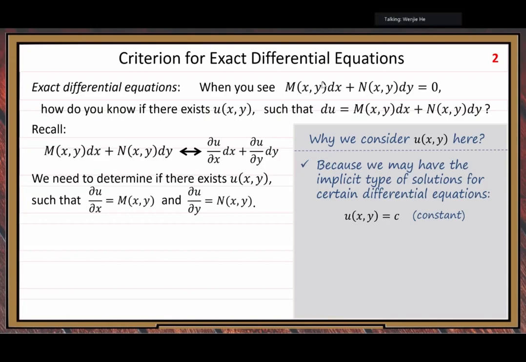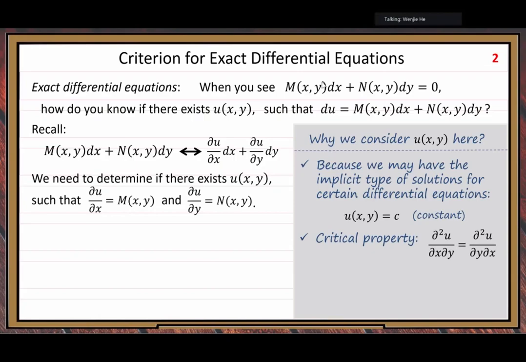So now the question: does a U function exist such that you have these two equations? There is a critical property here that we learned in Part C: the two mixed partials are the same.